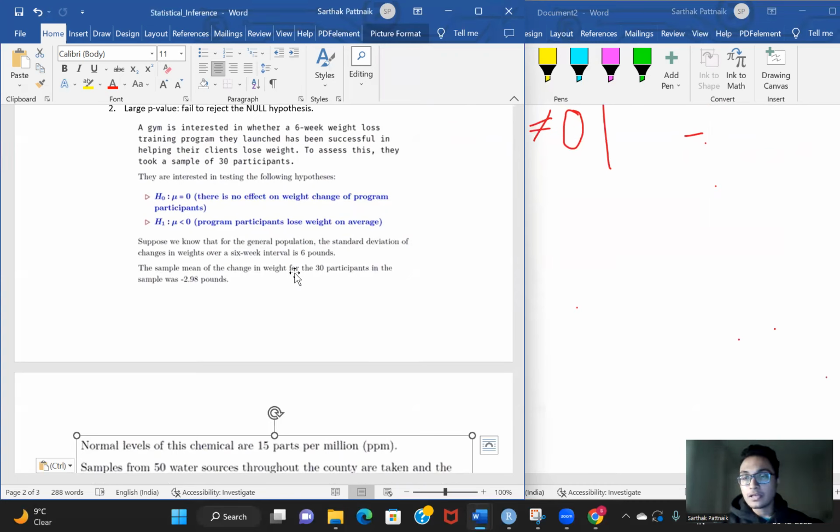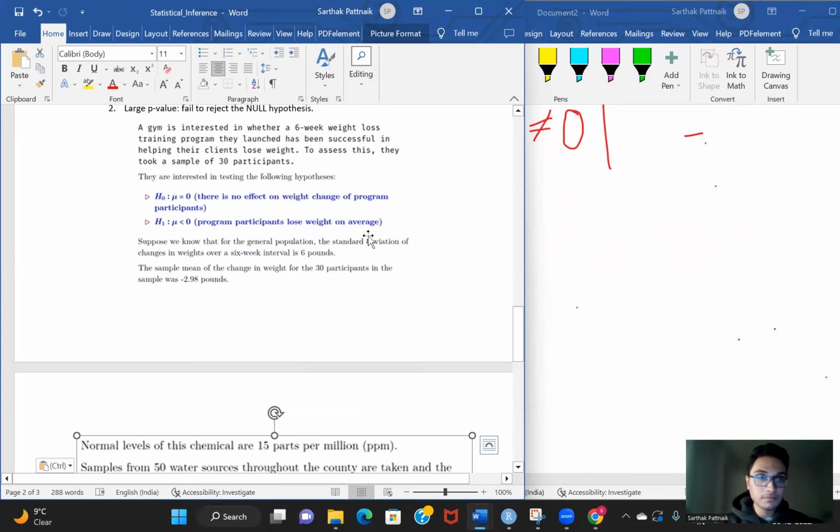This is an example that we saw when we were discussing how to formulate the null and alternative hypothesis. Here, as you see, this is a one-sided alternative hypothesis test where we are only worried about collecting evidence against the null hypothesis in one specific scenario where mu has to be less than mu naught, where mu naught is the population mean under the null hypothesis.